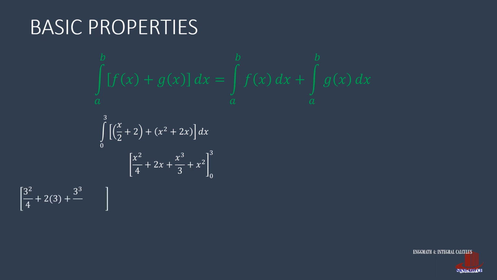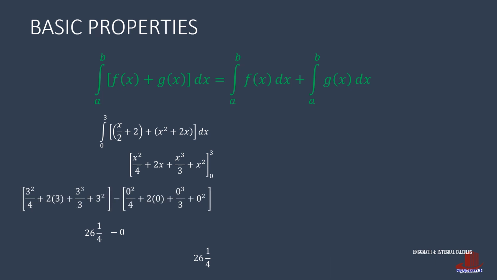Plug the limits and have the first one as 3 squared over 4 plus twice of 3 plus 3 cubed over 3 plus 3 squared. Then plug the lower limit and have 0 squared over 4 plus twice of 0 plus 0 cubed over 3 plus 0 squared. Both these terms can be simplified as 26 and a quarter minus 0, thus having the answer 26 and 1/4.